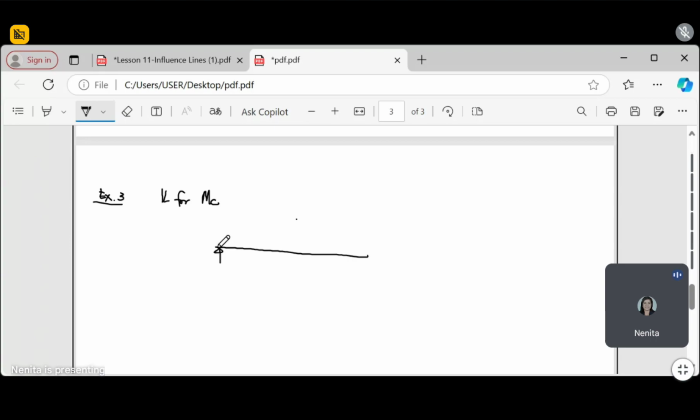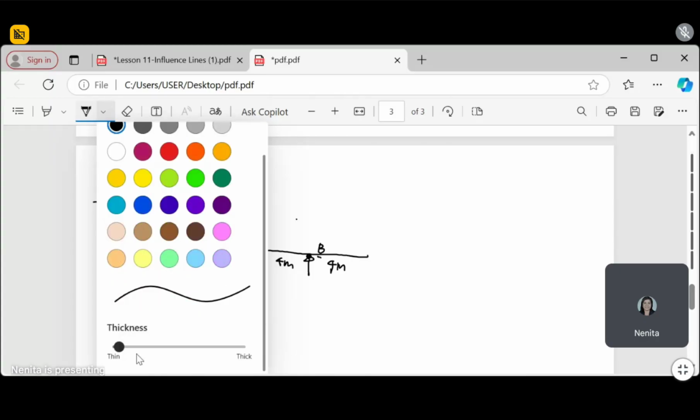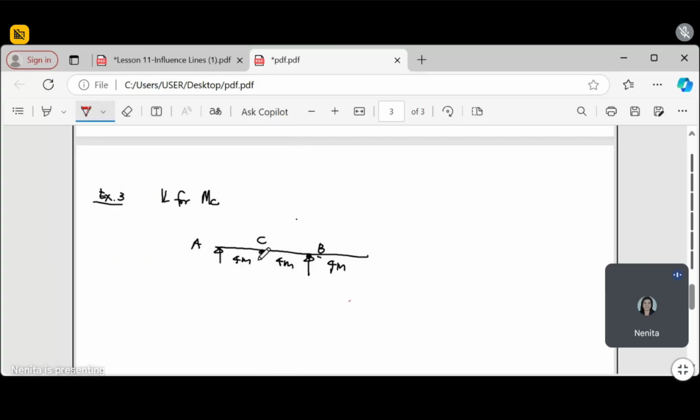Meron tayong A, meron tayong point C, meron tayong support sa B. So, therefore, meron tayong overhang na 4 meters. Distance nito ay 4 meters, another 4 meters here. Okay, yan. So, let's say, butangan natin siya ng dimensions.